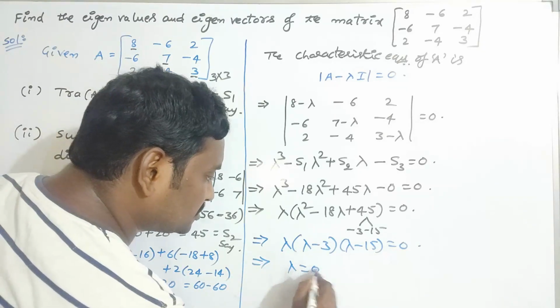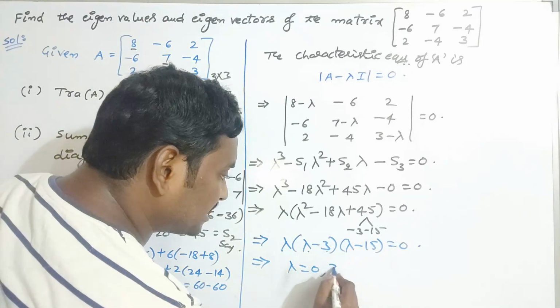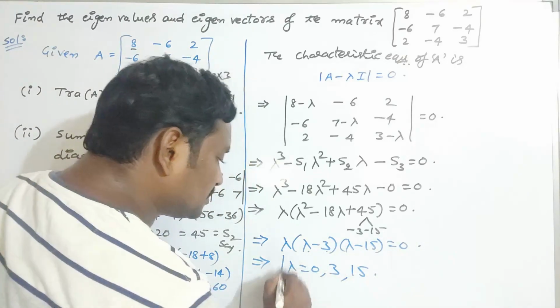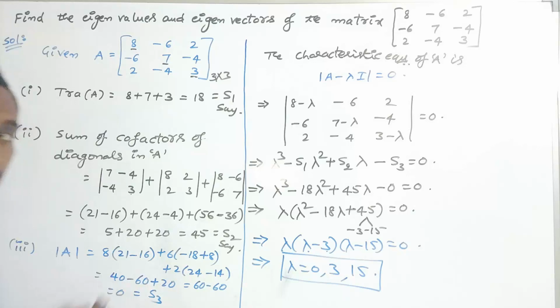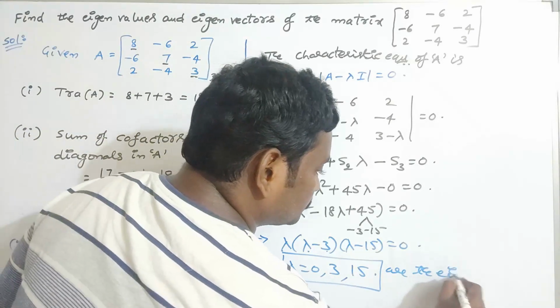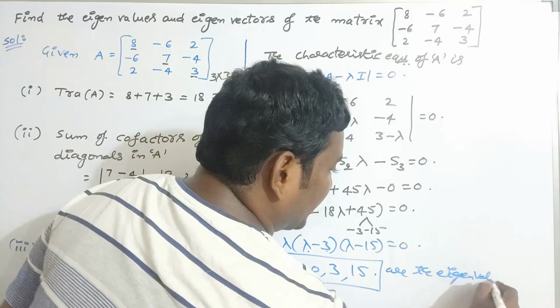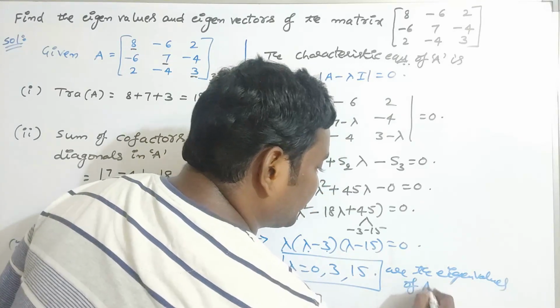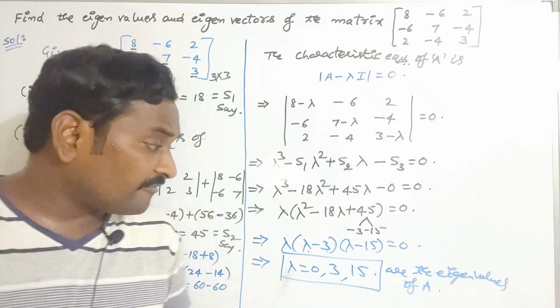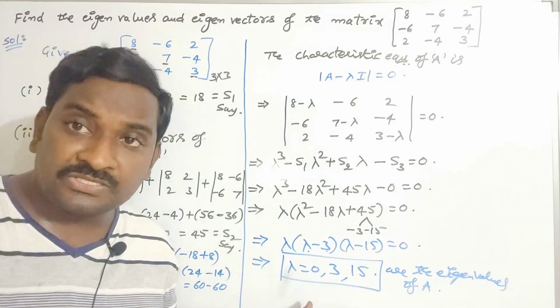So lambda is equal to 0, lambda minus 3 is equal to 0, then 3 is a root, lambda minus 15 is equal to 0 means 15 is a root. These are the eigenvalues of A.